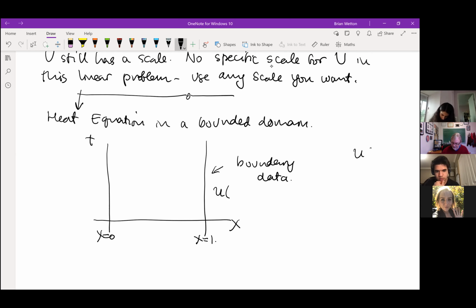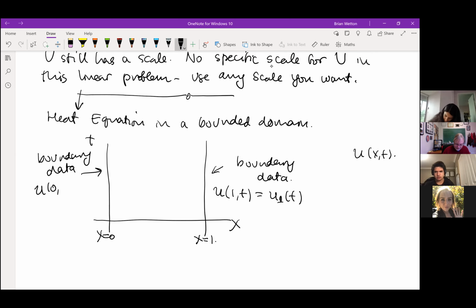I've got U as a function of X and T. So here at 1, I could give some boundary data that varied in time. Right, I can do that. I can also give boundary data over here. Well, I've got the differential equation I can put in here, right, in this picture. Oh, plus F, right?